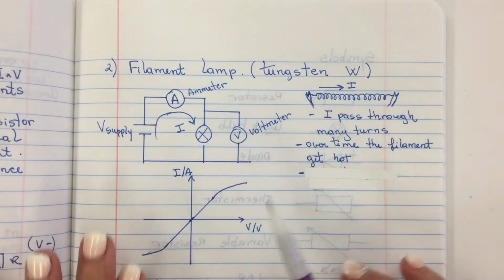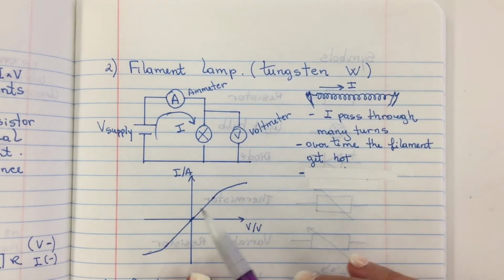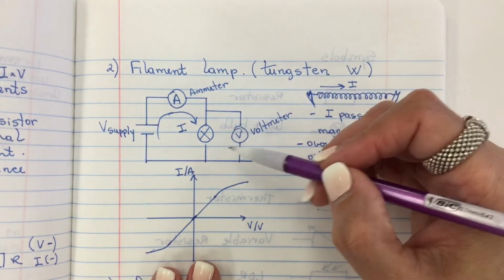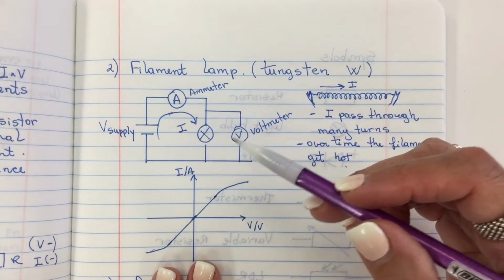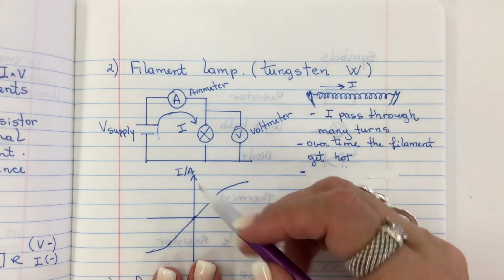So, design an experiment with which we can draw a graph of what's going on with this light bulb. We need a voltmeter and an ammeter in the circuit.